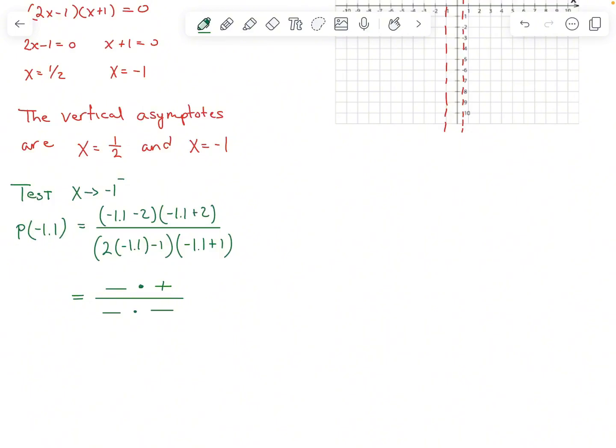In the numerator, a negative times a positive is a negative, and a negative times a negative is a positive. So the result overall is going to be negative. So what this means is that as x approaches negative 1 from the left, p of x approaches negative infinity.